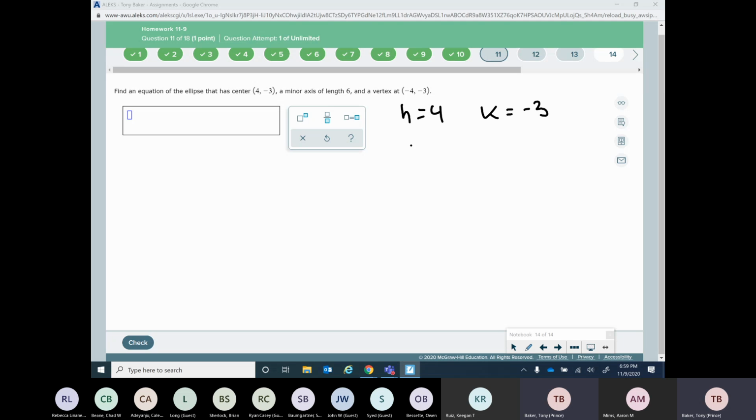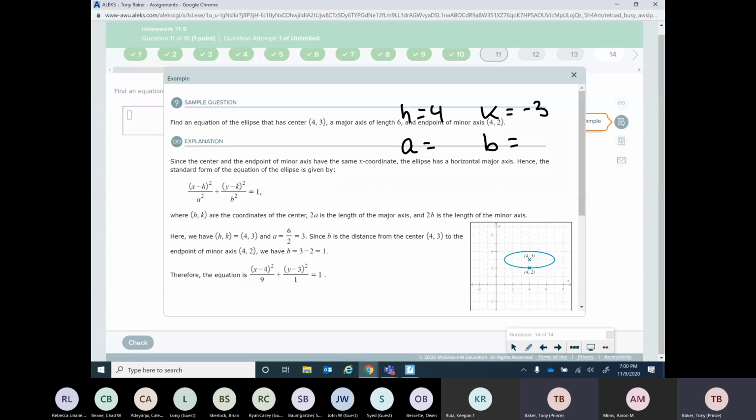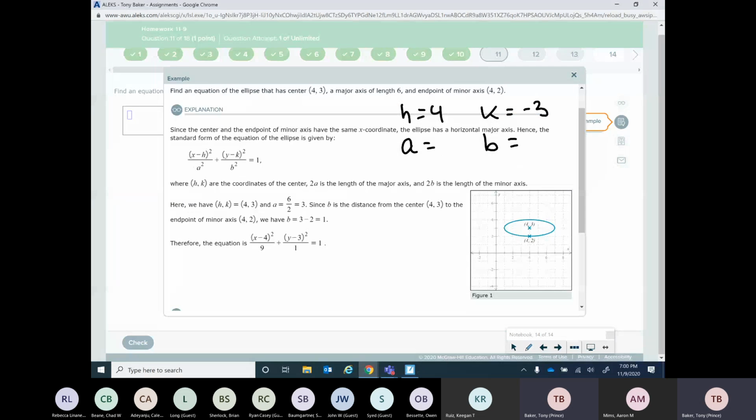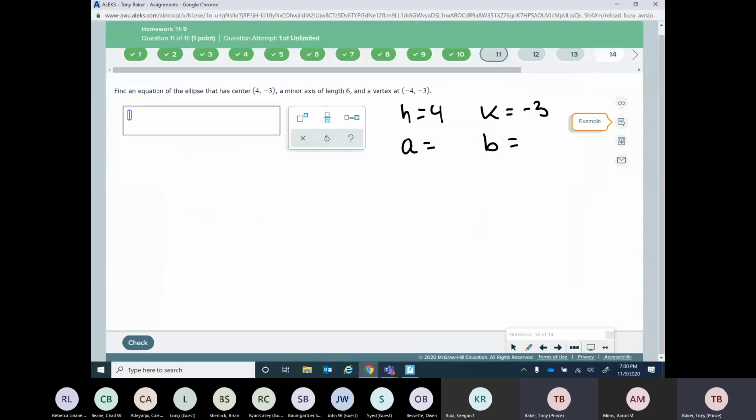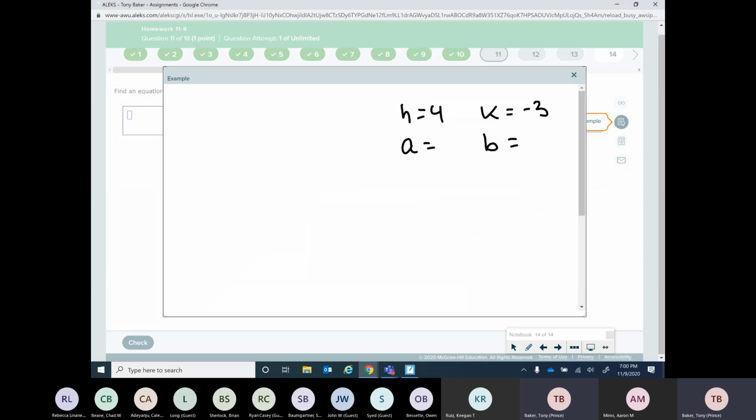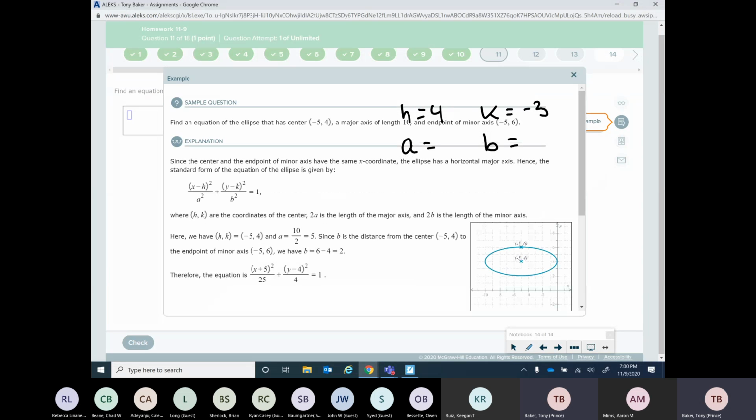Now, the other piece of information I need to know is A and B. So they gave you the minor axis length. So now when we're looking at a, actually, they probably have a nice picture. And they don't. We can kind of use that. So the minor axis is going to be that length right there.